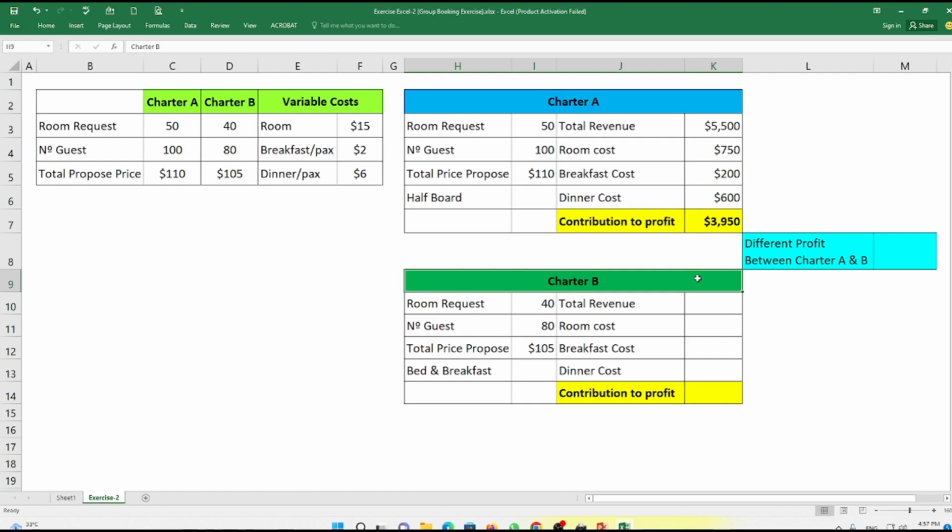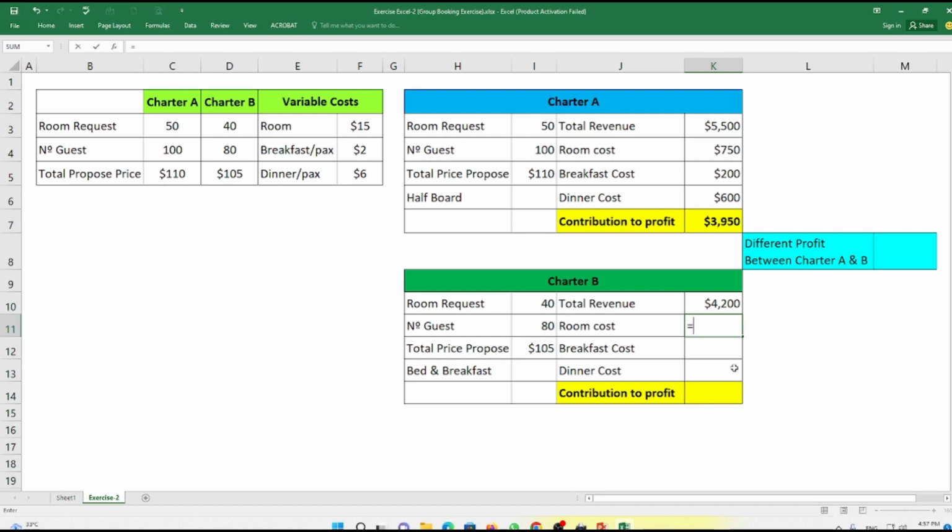Okay, let's continue the same for charter B. First of all, we need to calculate the revenue. Total of 40 rooms multiplied by the selling price of 105. So the revenue for charter B is 4,200.